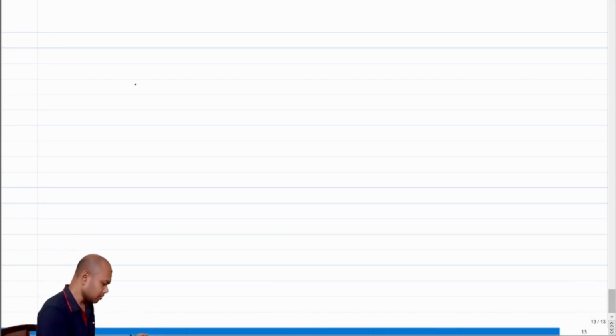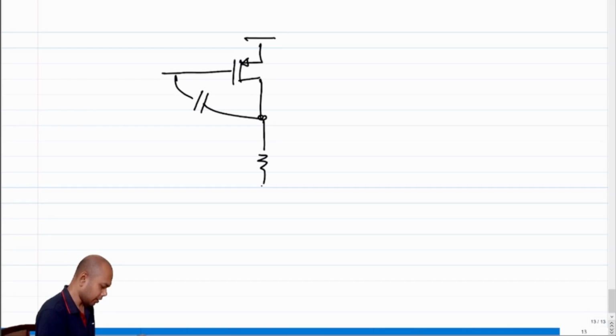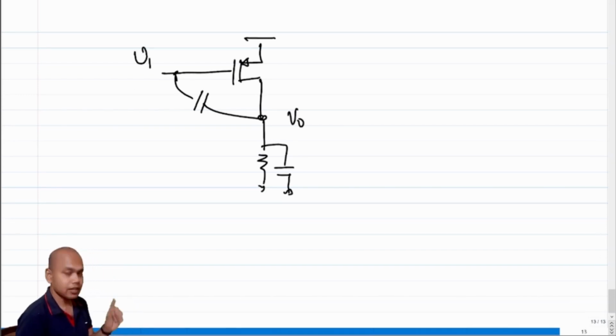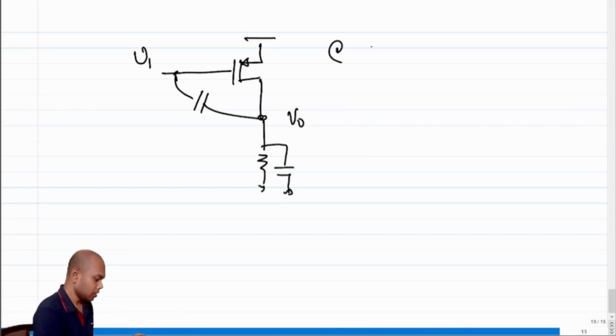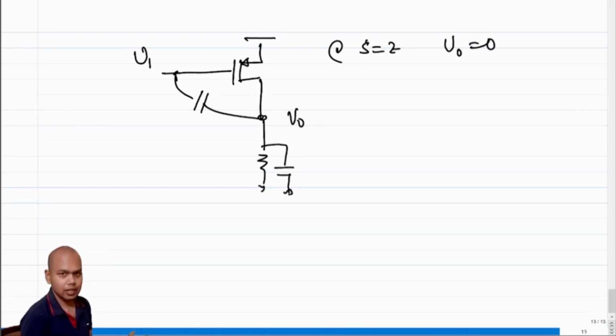So if I sketch this, we have a bunch of stuff connected here. This is V0, this is V1. At s equal to z, V0 has to go to 0, by definition.